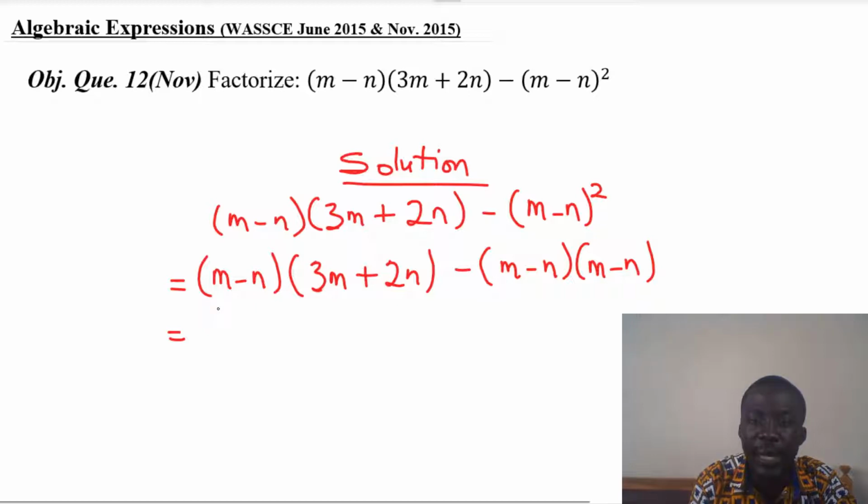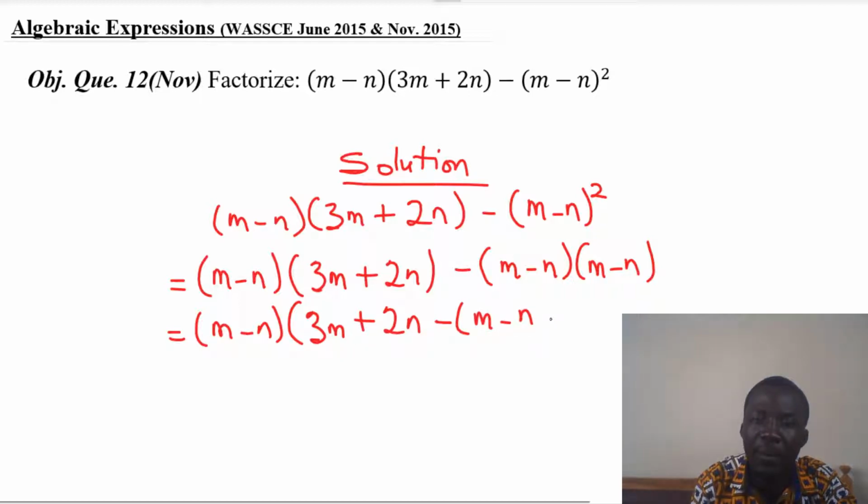Now the common factor here, we have m minus n here. Likewise, we also have m minus n in the second term. So we can factor m minus n. Then in our next bracket, we are going to be left with 3m plus 2n. Then minus, we'll be left with m minus n, but that one will be inside another bracket.